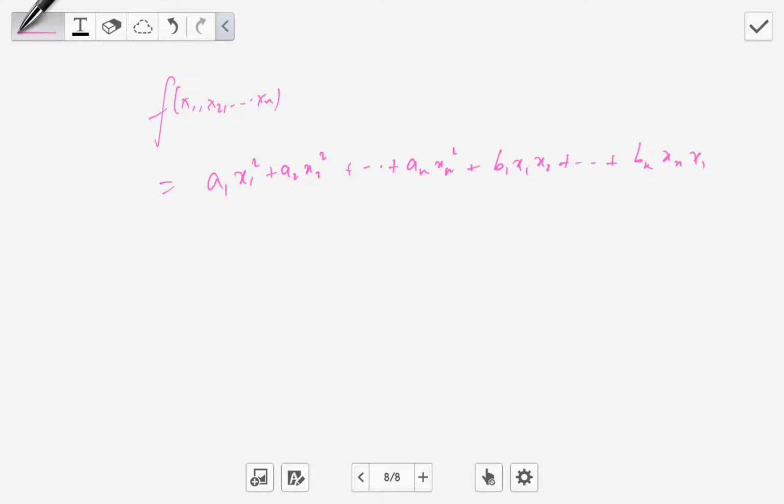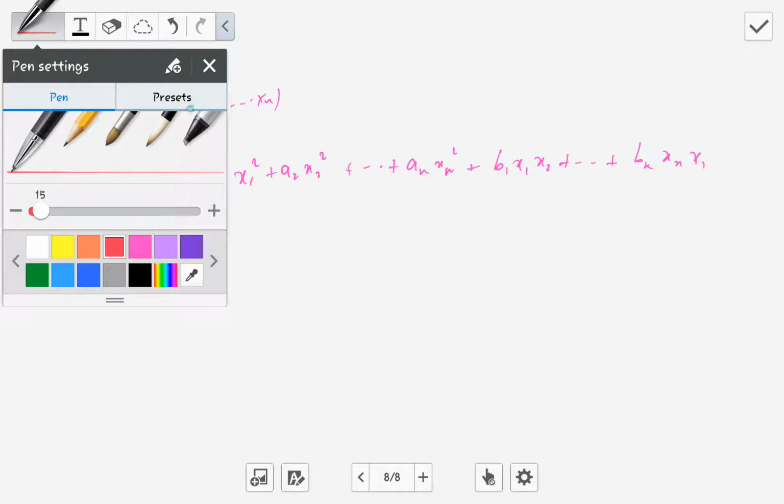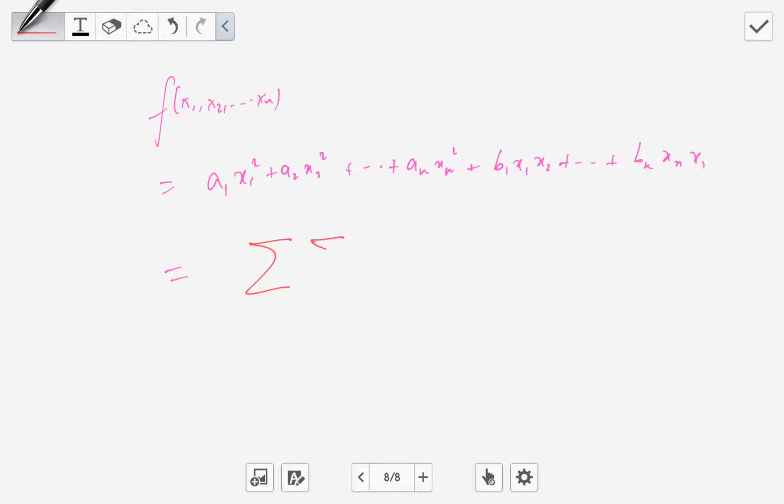Now if I want to represent this, can I represent it this way? 2 sigmas, where i varies from 1 to small n, j also varies from 1 to small n, some aij times xi xj. Do you see this? You have all possible combinations.